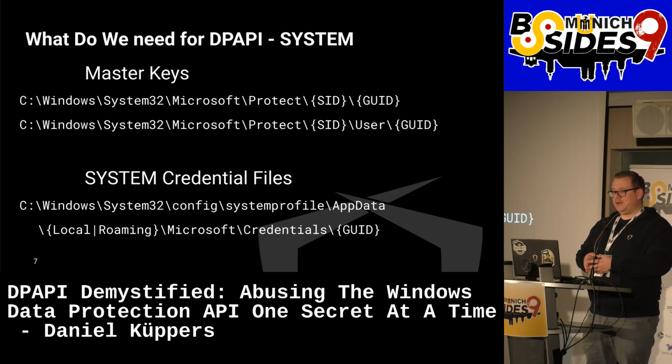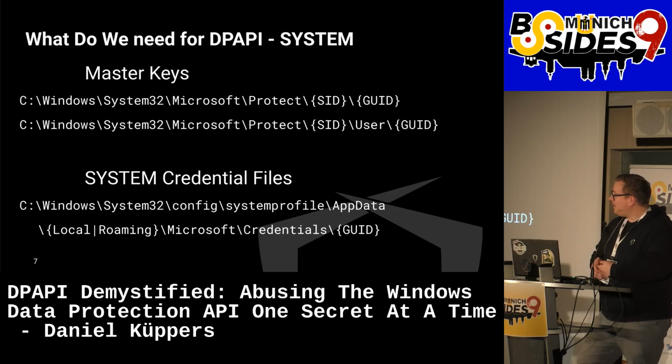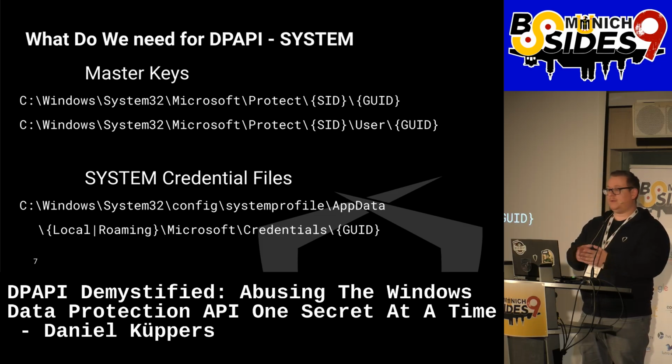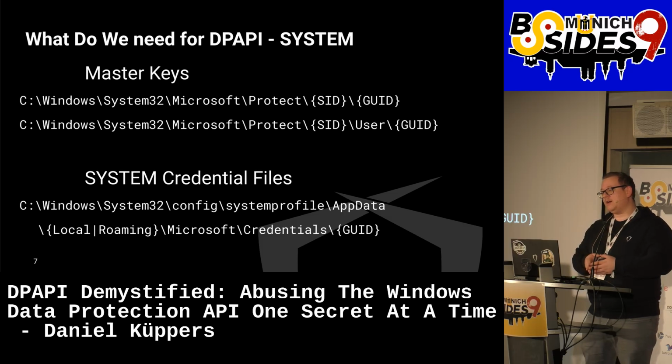We can see here the master key directories. We have 2 of them, which are only differentiated by a subfolder called user. And we will get to that specific folder or to the differentiation eventually later on.